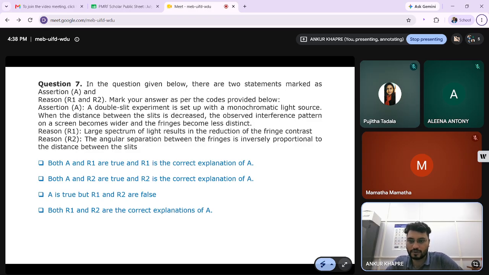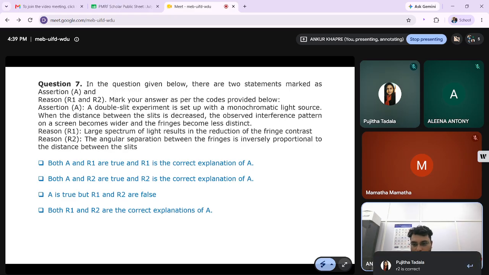What do you think about the assertion first of all? Double slit experiment, then monochromatic light source, then the distance between the slits decreases, then the observed interference pattern on the screen becomes wider. Is it true? Is it correct? And the fringes become less distinct. True. So what about the reasons? Which option are you thinking?